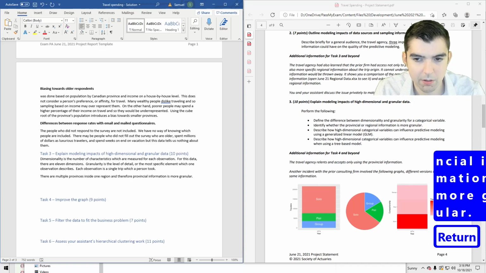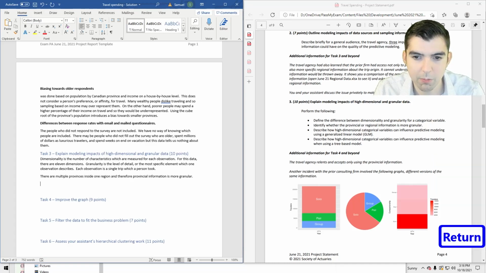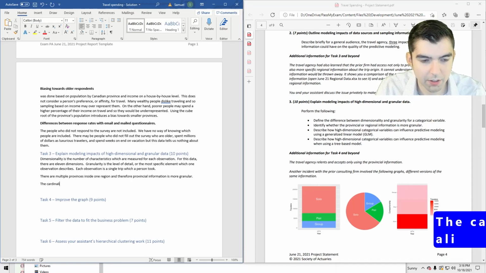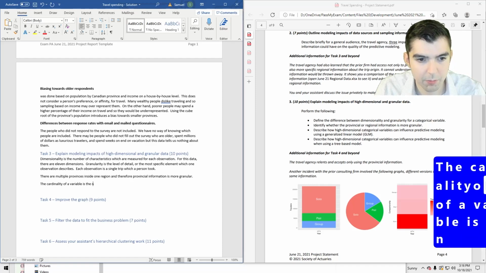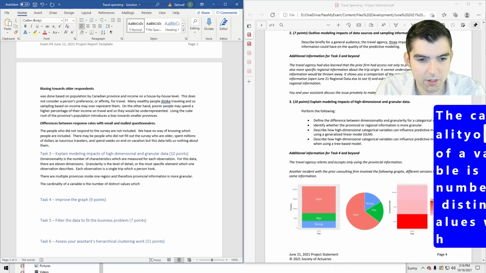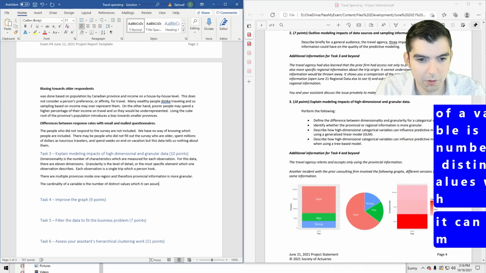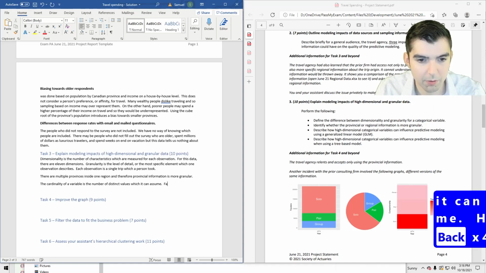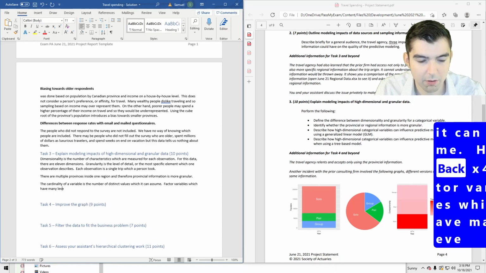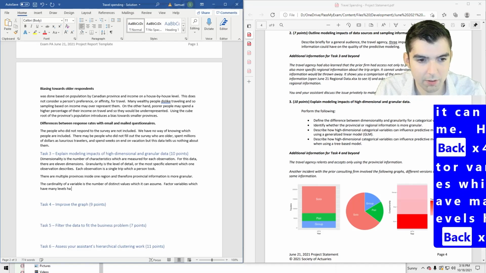Describe how high-dimensional categorical variables can influence predictive modeling using a GLM. The cardinality of a variable is the number of distinct values which it can assume. High factor variables which have many levels are said to have a high cardinality.